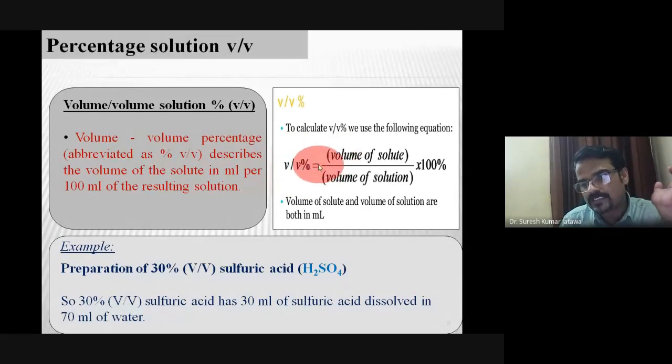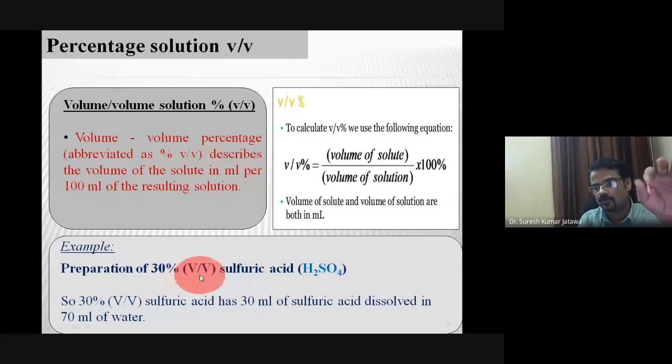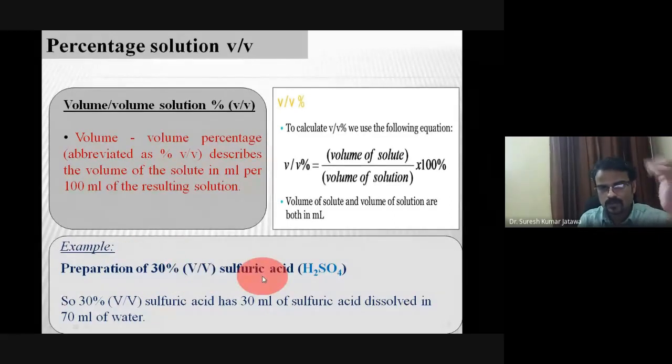Volume by volume percent equals volume of the solute in ml upon volume of the solution in ml multiplied by 100. You can see an example, the preparation of 30% volume by volume sulfuric acid. So how will you prepare 30% volume by volume? It is not weight by volume, it is not weight by weight, it is volume by volume.